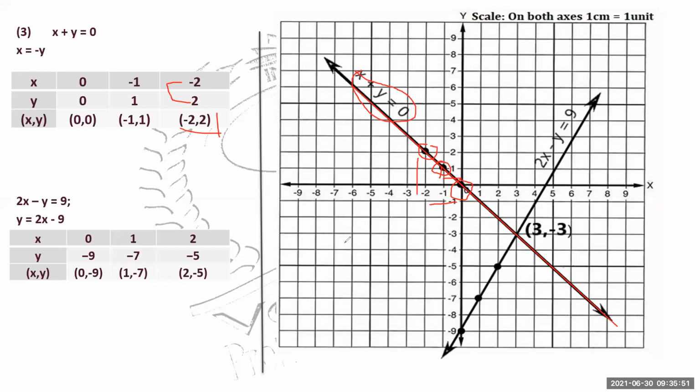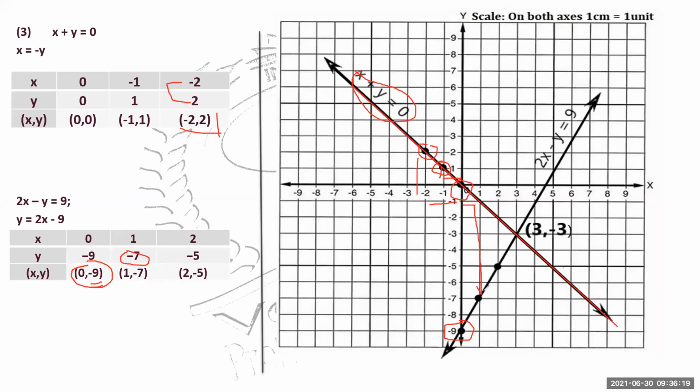Next point: 0, comma minus 9. Now x is 0 and y is minus 9, so this point will lie on the negative y-axis. Directly go to minus 9. Next is 1, comma minus 7. Move one place towards positive x, and y is negative, so come down 7 places.